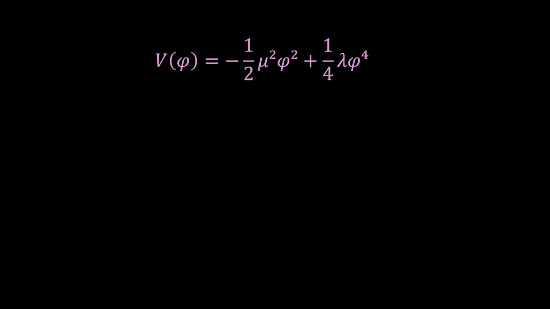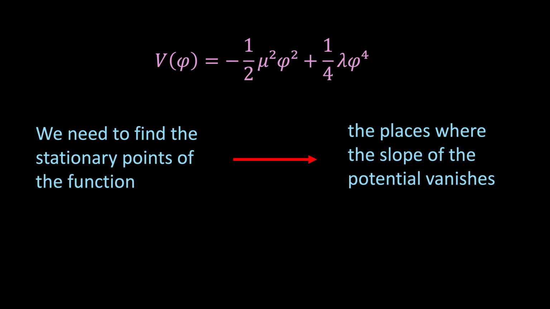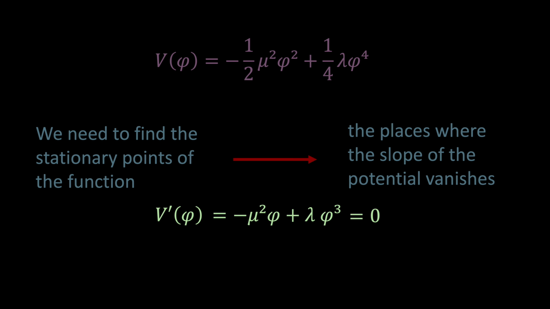To answer that question, we need to find the stationary points of the function, the places where the slope of the potential vanishes. In other words, we need to differentiate the potential with respect to phi, in which case we find minus mu squared phi plus lambda phi cubed, and then we need to set this equal to 0.